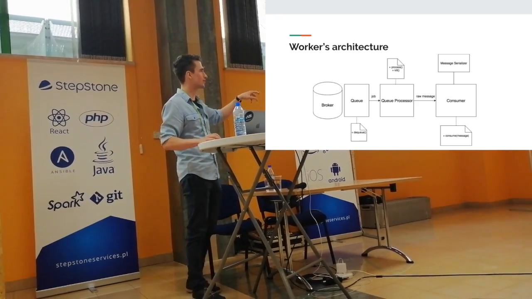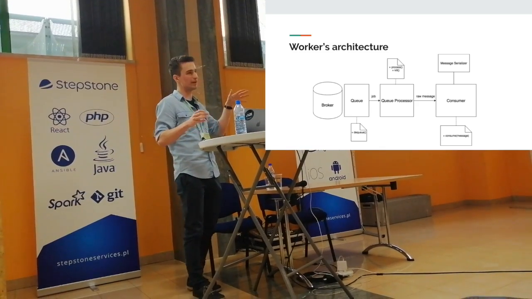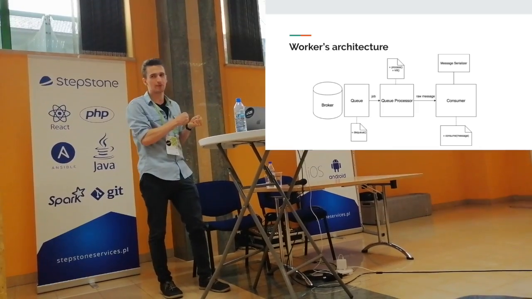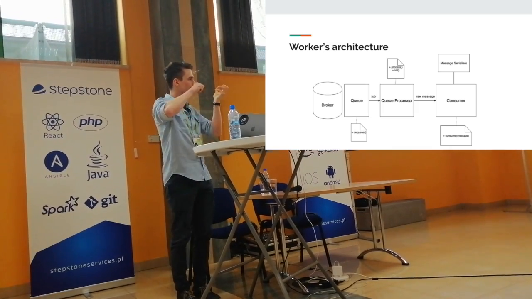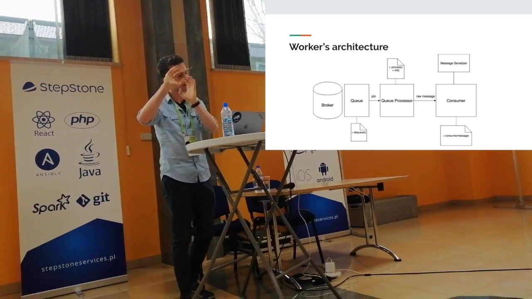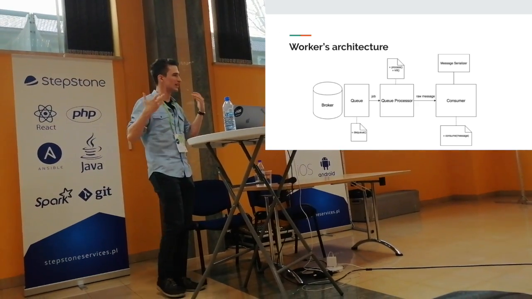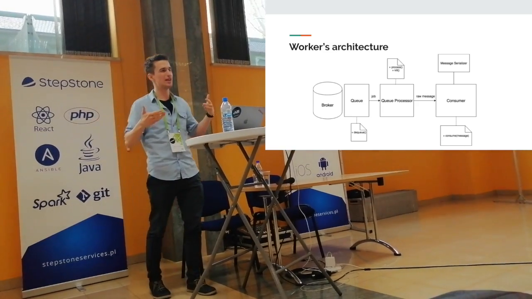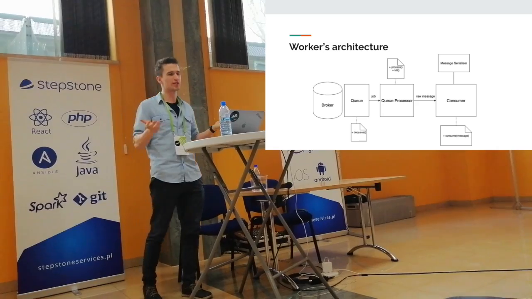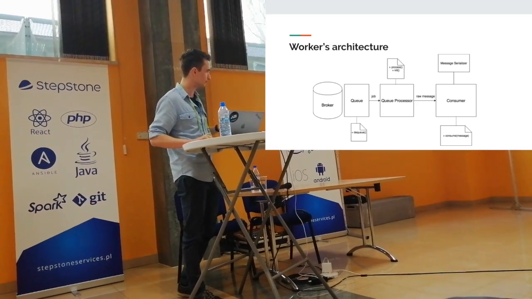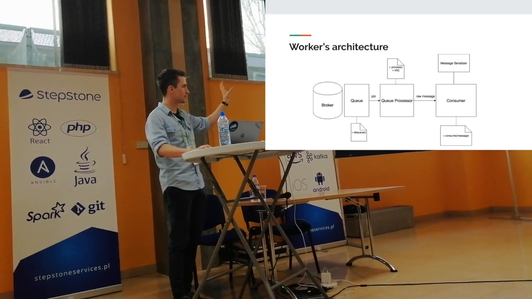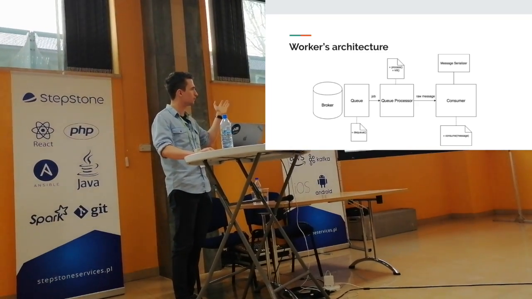Then we have the queue processor, and all the magic happens there. Basically, you're getting the task from the queue, deserializing this task and sending it to the consumer, and the consumer basically executes the code, meaning your business logic, like fetching the products. So this is the architecture we'll discuss right now.